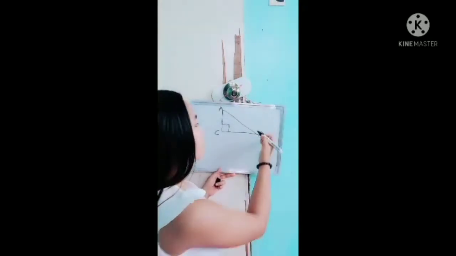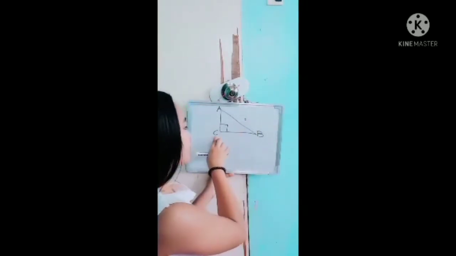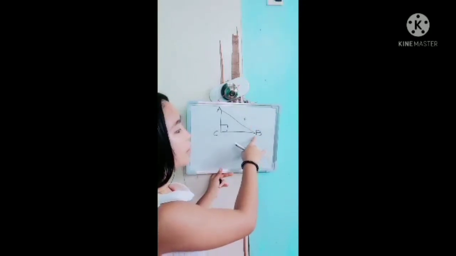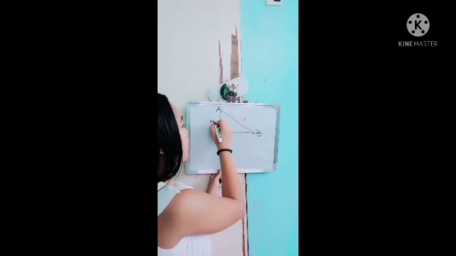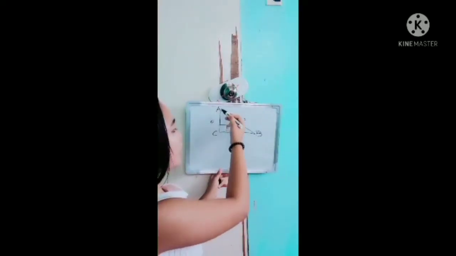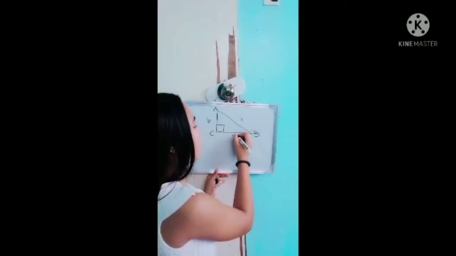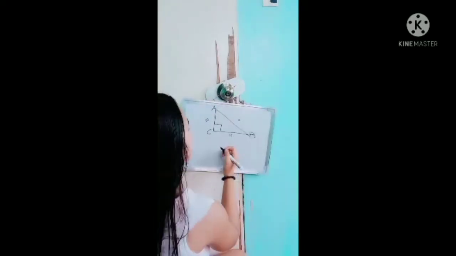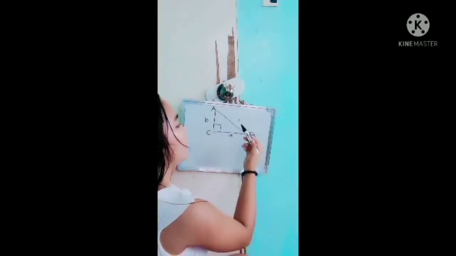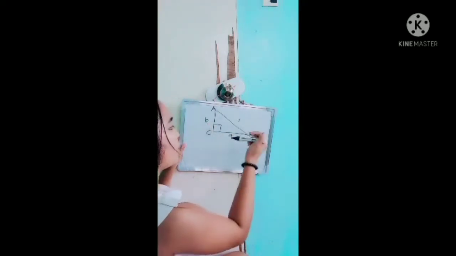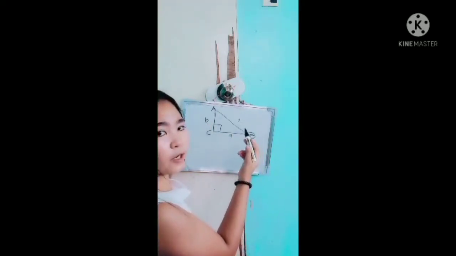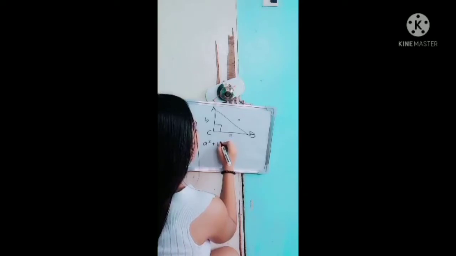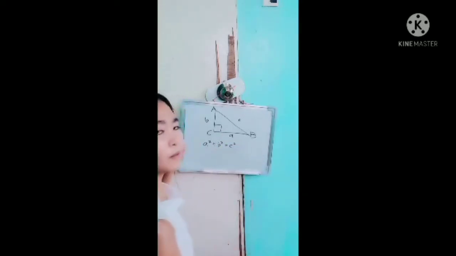Our hypotenuse can be labeled as C because the side opposite is side C. Opposite angle B is side B. Opposite angle A is side A. Our Pythagorean theorem is that the sum of the squares of the two sides is equal to the square of the hypotenuse. A squared plus B squared is equal to C squared.